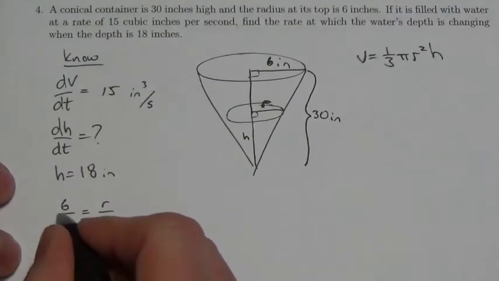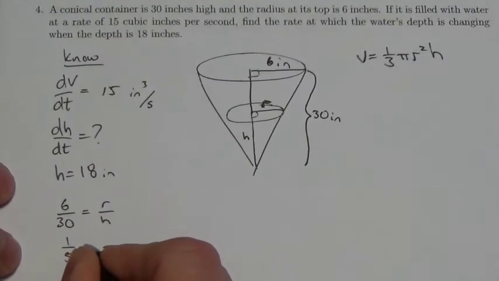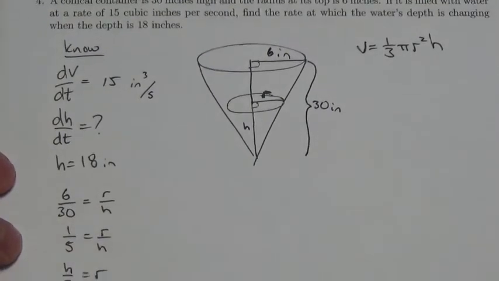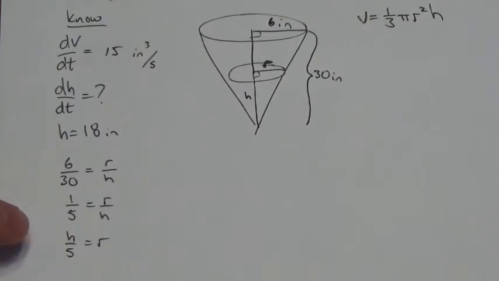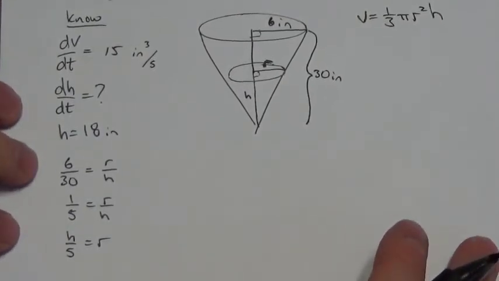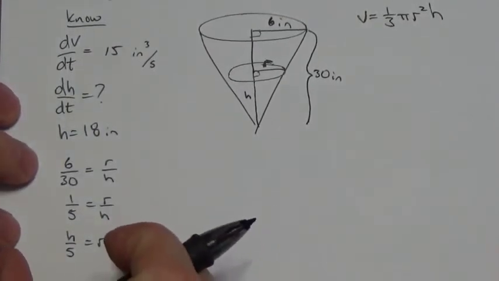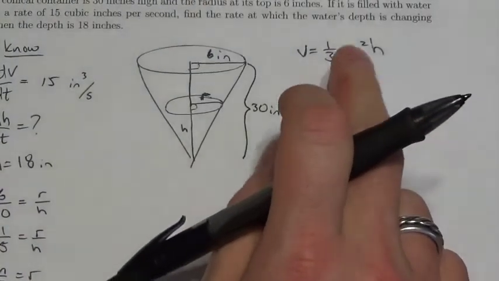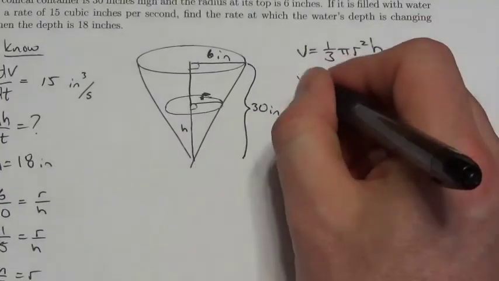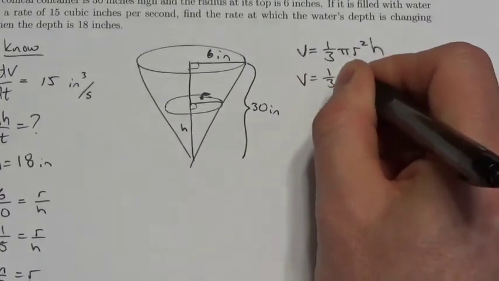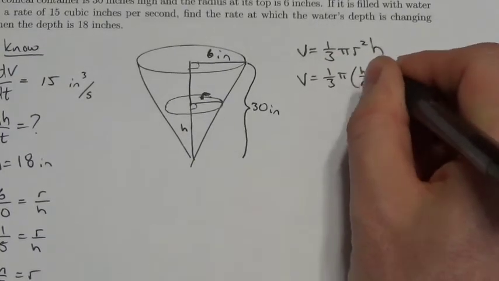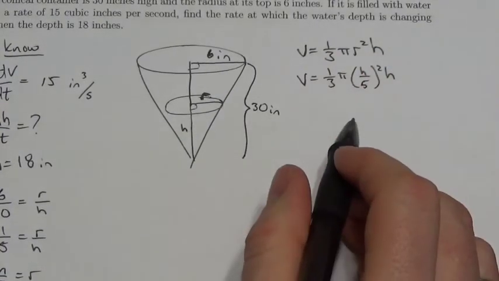Now I can tell right now 6 over 30 is going to be 1 over 5. And so r is always going to equal 1/5 the height. Well, now I've got a nice relationship between r and h that I can go back to my equation and make more specifically between h and v.